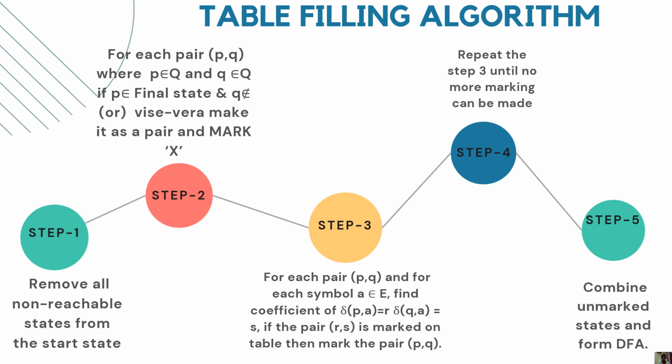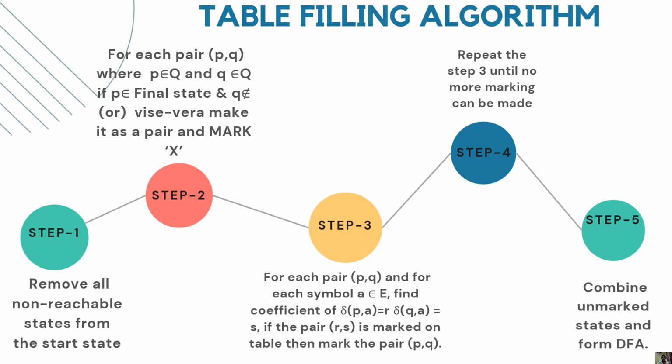So we need to go through certain steps in solving this problem. First is to remove non-reachable states from the start state. Second, we need to make pairs and mark them with an X mark. Next, we need to check if any pair in the given combination has an X mark, that is the cross, then we need to mark the given combination. That is the third step.